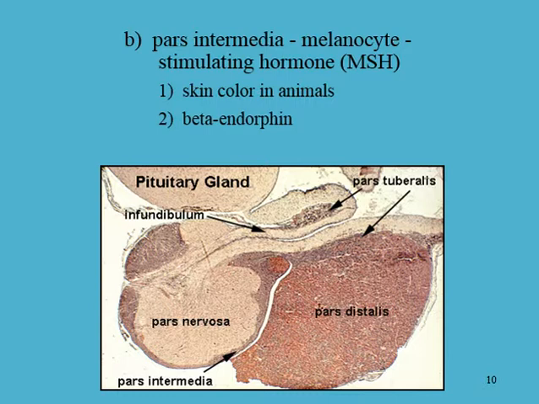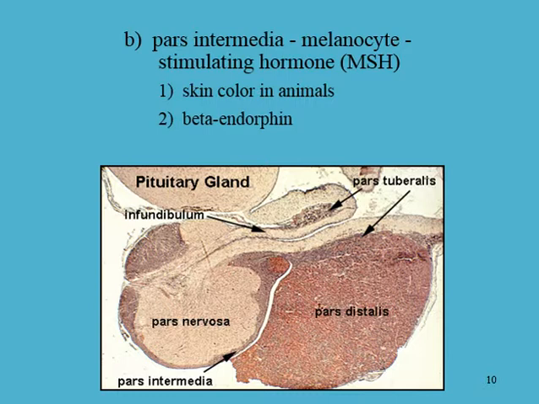And we've talked a little bit about beta endorphin before, because beta endorphin is the body's own pain killer. This area, part of the anterior pituitary that we can call the pars intermedia, produces these two hormones, MSH and beta endorphin. Now, posterior pituitary, the neurohypophysis.